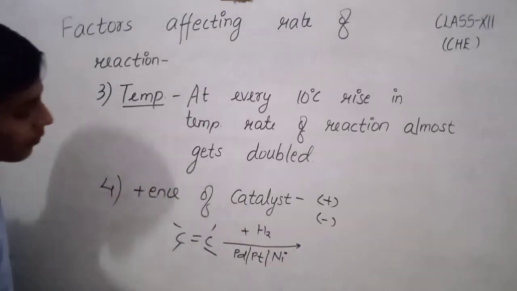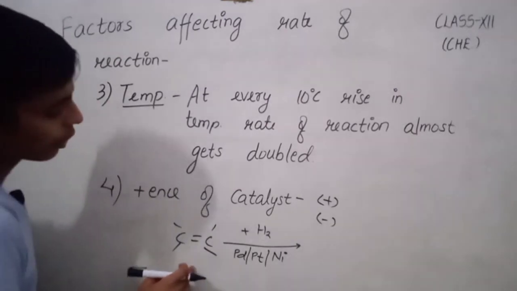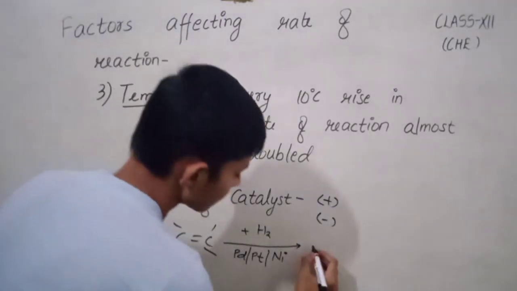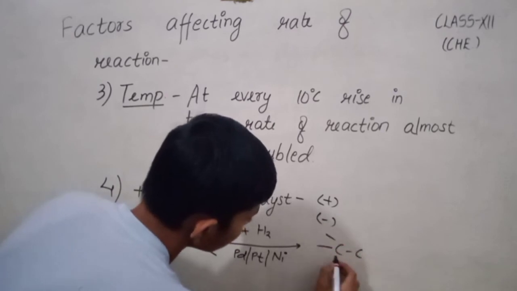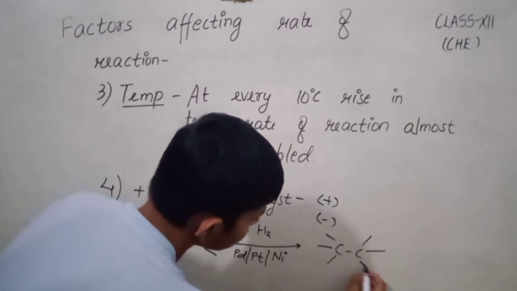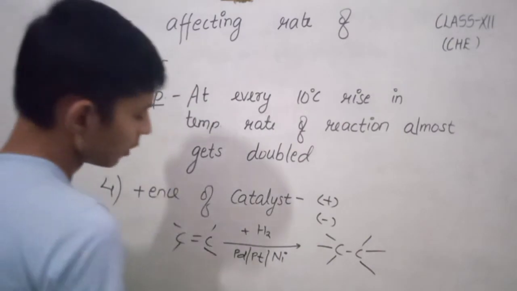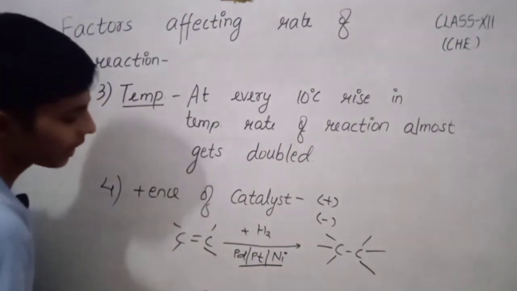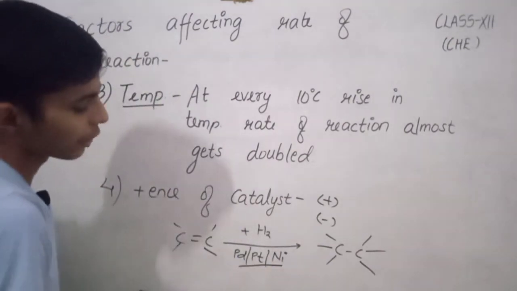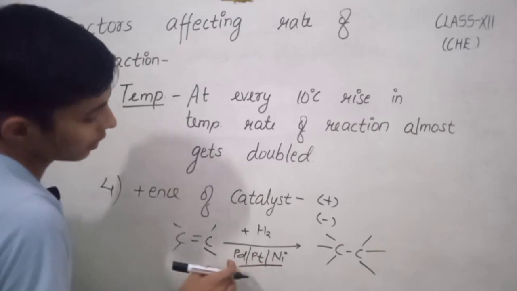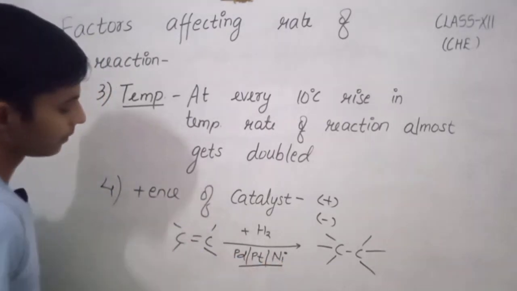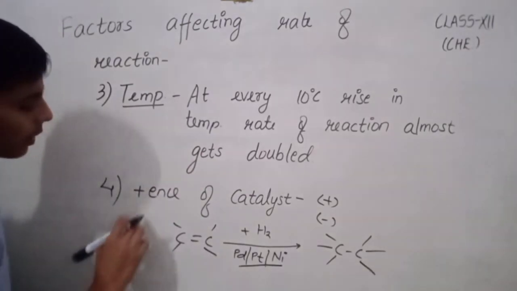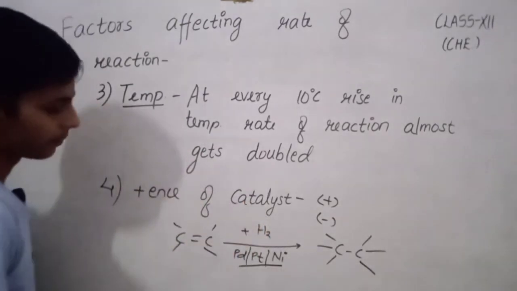In this reaction we are doing the hydrogenation of ethene. These are our catalysts. They provide surface to the reaction. Here the catalysts are palladium, platinum and nickel. So this is our fourth factor, presence of catalyst.